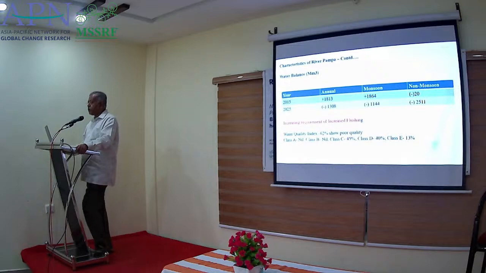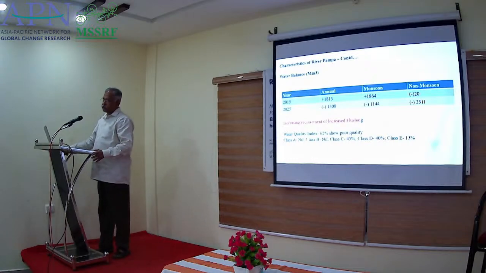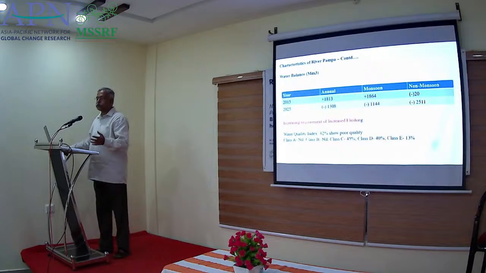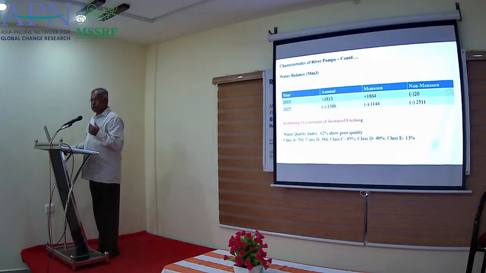That is mainly due to the increasing requirement of flushing, because that shows that the river is getting polluted severely. Unless we dilute this, there is no other mechanism present. There is no cleansing mechanism of the river present. So naturally, it has to have the natural process of cleansing, that is dilution.